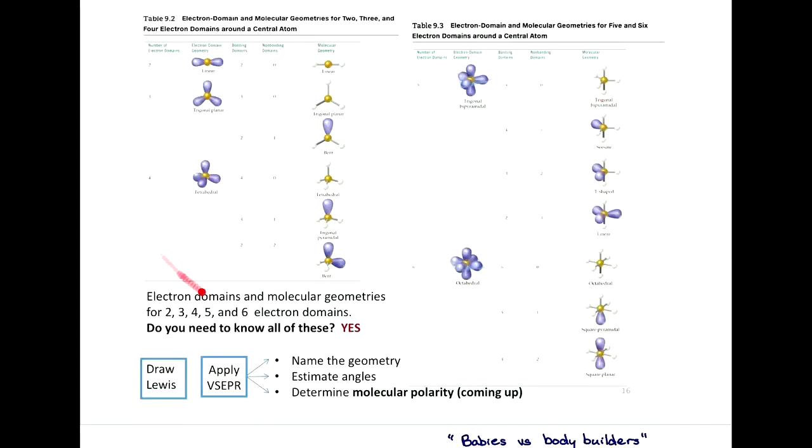Together with these shapes, we're also going to apply the idea of molecule polarity. We're going to be thinking about vectors, but we're not going to do any math. We're just going to think, do these bond dipoles cancel or not within a molecule, and it will determine whether a molecule is overall polar or not polar. And so that is the next slide.